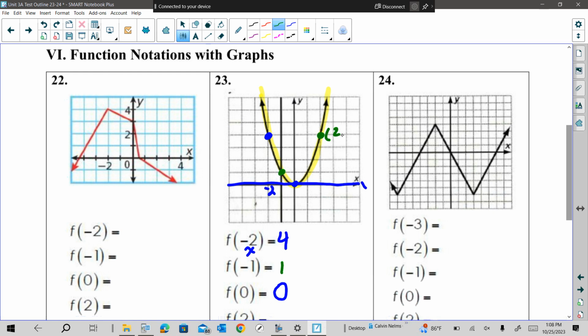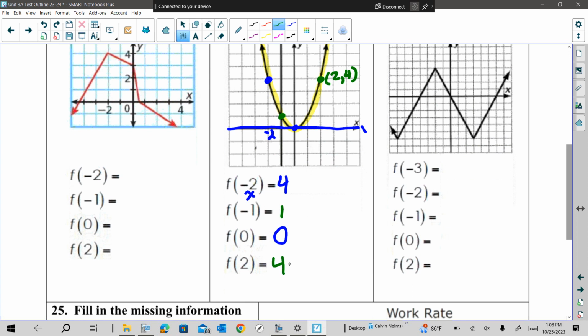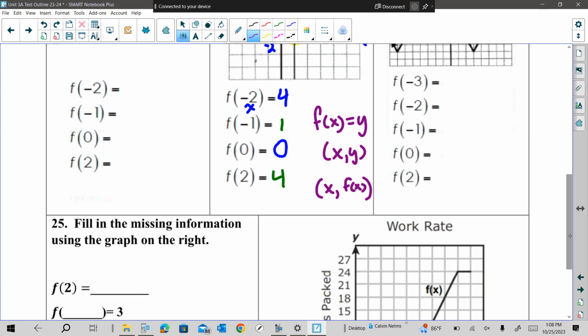Remember, these are the ordered pairs. The 4 is your output. Guys, don't forget, your f of x just means y, and your ordered pair is x and y, which could be said as x and f of x. They all mean the same thing. Okay?